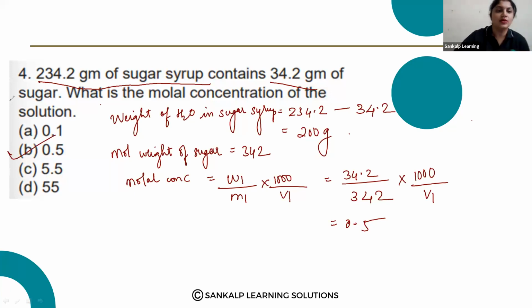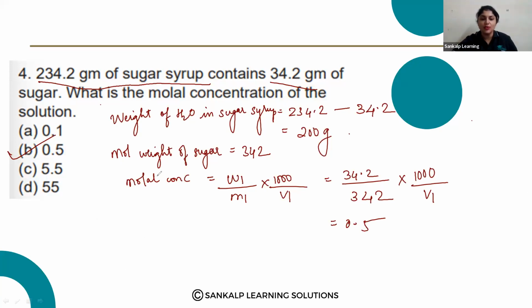So what is the question? 234.2 grams of sugar syrup contains 34.2 grams of sugar. What is the molar concentration of the solution? So we have to subtract to find the weight of water: 234.2 minus 34.2 gives you the weight of water. 34.2 grams of it is sugar.